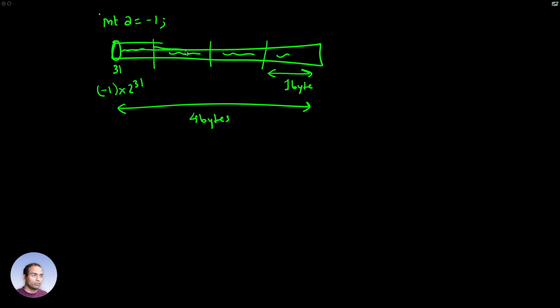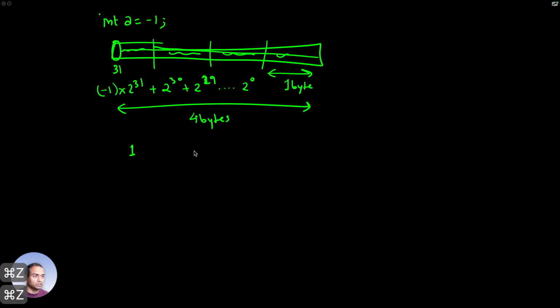So it's representing -1 into 2 to the 31. And then all of the other bits set together, 29 and so on and so forth to the power 0, will make up for 1 less than 2 to the 31.